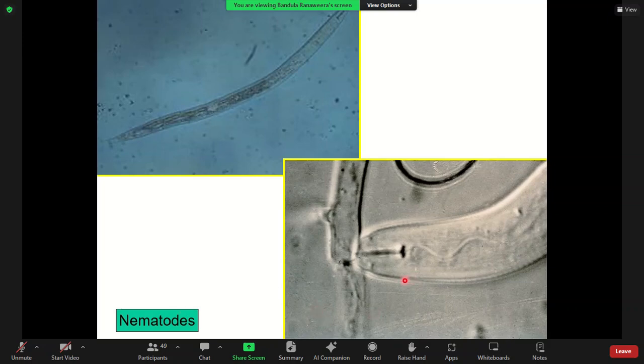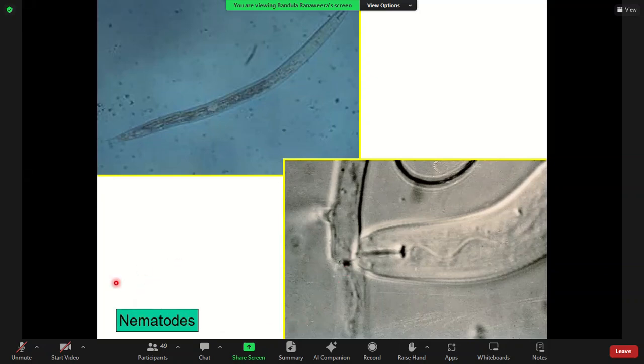So plant pathogenic nematodes, or nematodes that attack plants, have a specific structure like this, a needle-like structure at the front end of the nematode. It is named the stylet. The stylet is used by the nematodes to pierce the host plant tissue and suck the cell sap or the nutrients needed by the nematode, and that causes a disease in the plants.